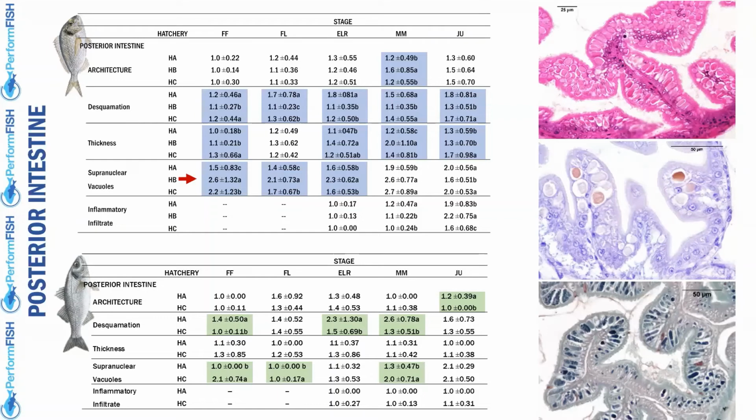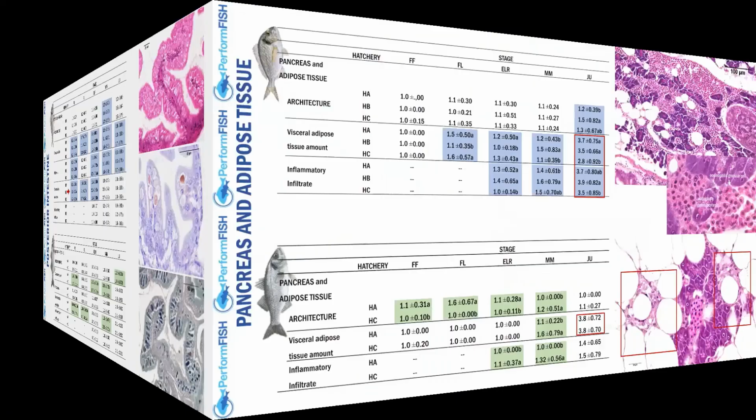So this aspect for the first stages, first feeding and flexion, could be used as a healthy histological indicator, in our opinion, of course.